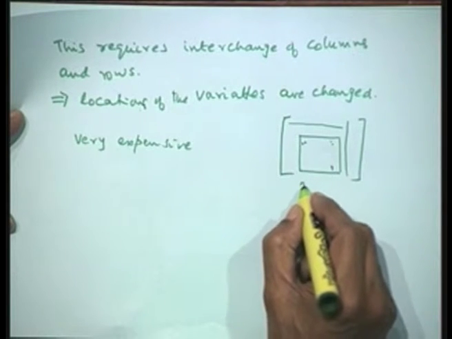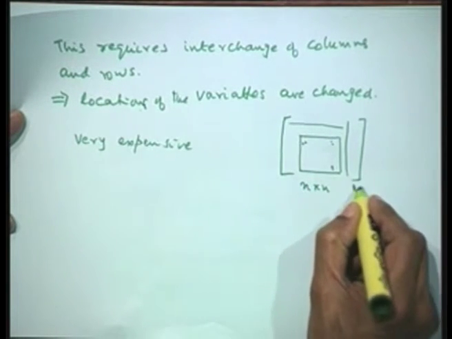Then if you are writing a computer program for this procedure, what we would normally do is take this augmented matrix as an n into n plus 1 matrix. So this is an n into n and this is an n into 1.